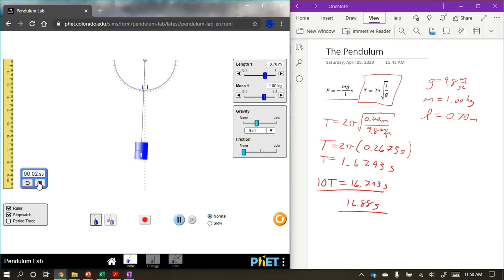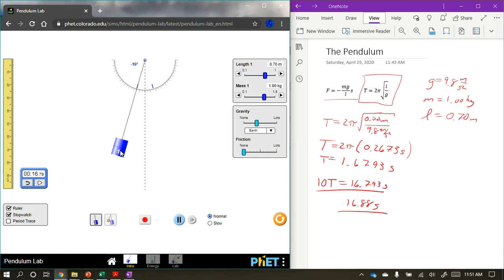1, 2, 3, 4, 5, 6, 7, 8, 9, 10. 16.79, that's perfect. That's absolutely exactly what we calculated. So the amplitude did not matter.